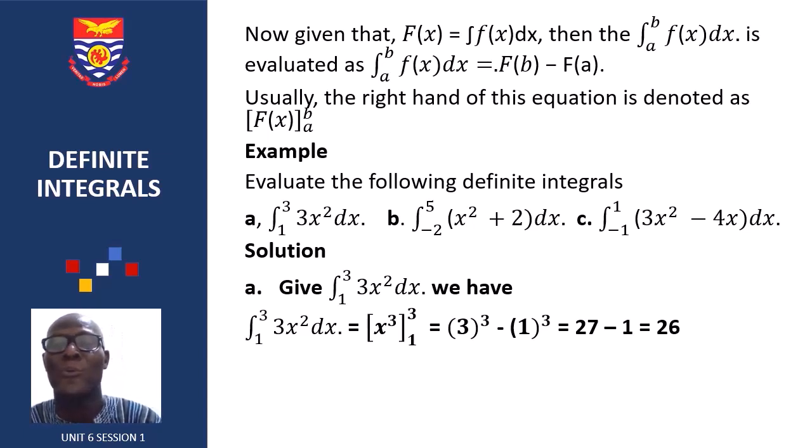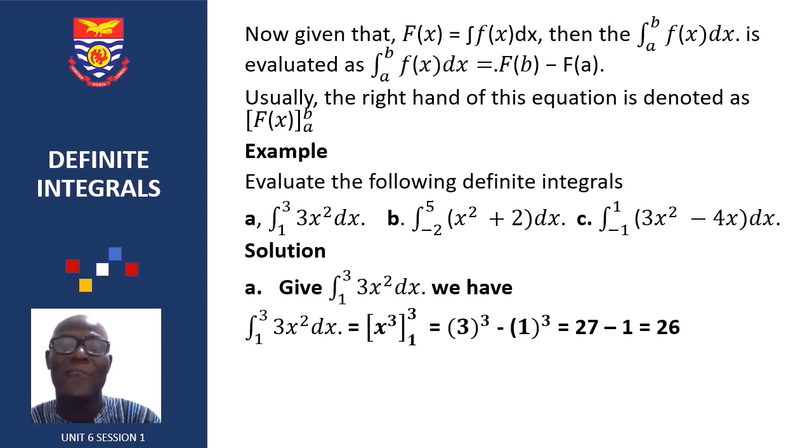This means we integrate the given function small f of x, which gives the capital F of x. Then we put in the limits. We put in the upper limit first, minus we put in the lower limit.